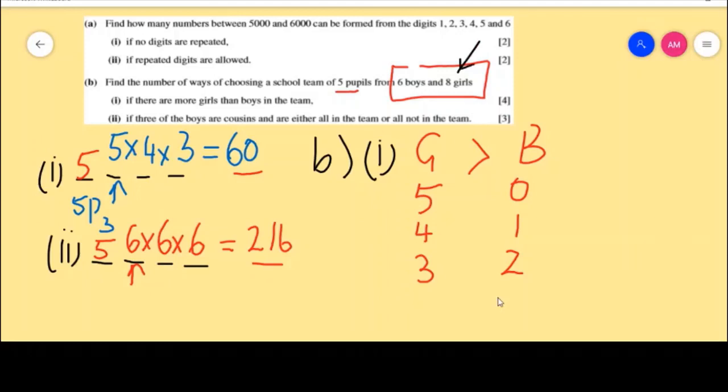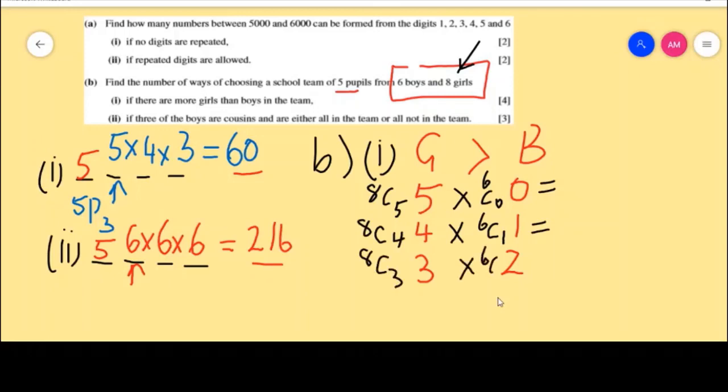For girls I've got 8. So I'm going to go 8 choose 5 times 6 choose 0, 8 choose 4 times 6 choose 1, and 8 choose 3 times 6 choose 2. These are my combinations where I have more girls than boys.